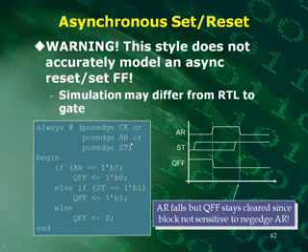Let's take a look at what happens here. Let's say that our asynchronous reset goes high, like we have right here. So the Q flip-flop gets set to 0. It immediately goes to 0.